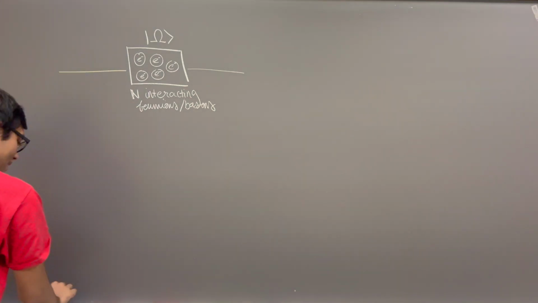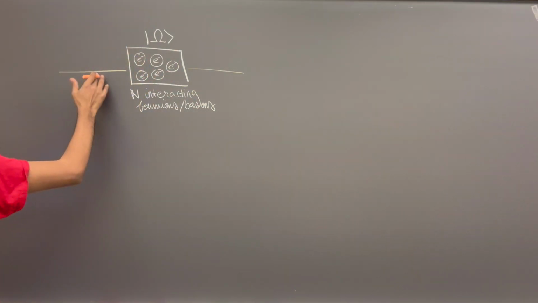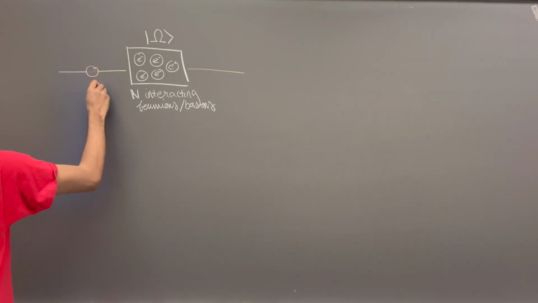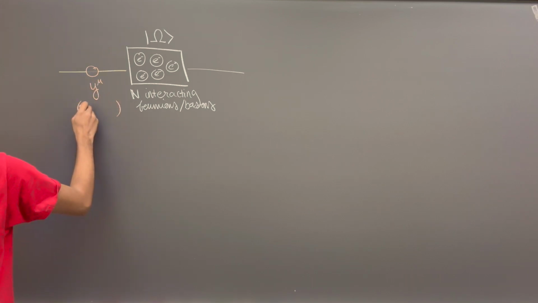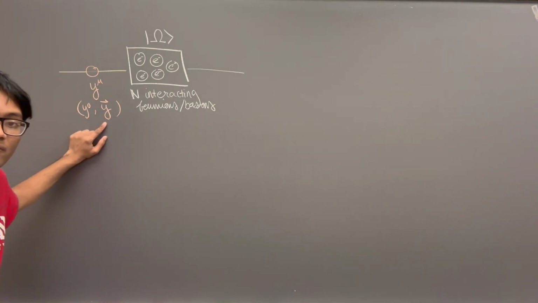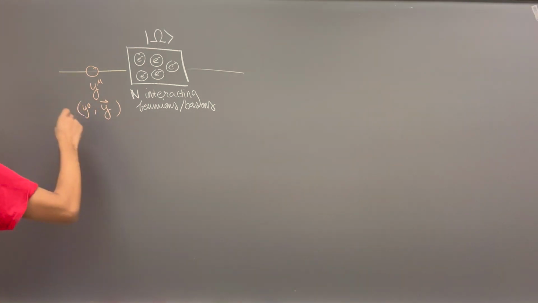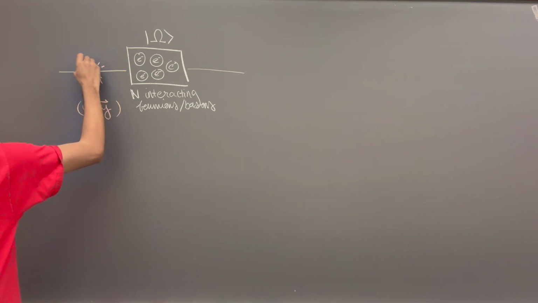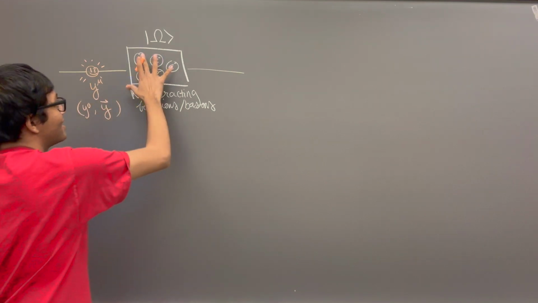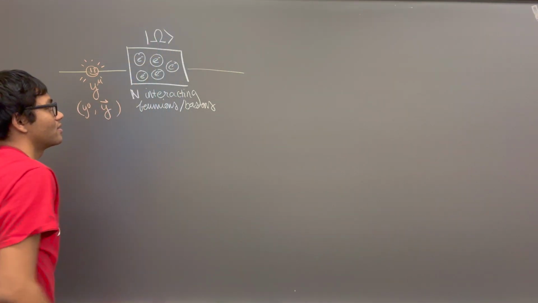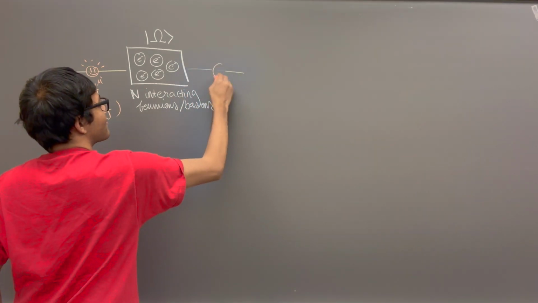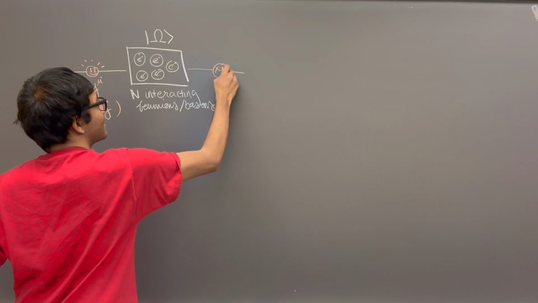So the way we quantify all of this is as follows. Let's say that at some space-time point y mu, which corresponds to a time y0 and a space position vector y, we create a particle at this space-time coordinate y mu, okay? And then this particle interacts with our system of n fermions or bosons, and then the particle comes out the other side, and we're going to annihilate this particle.